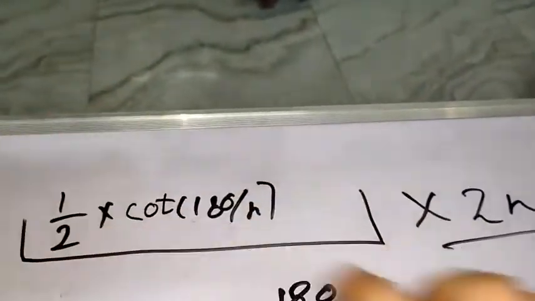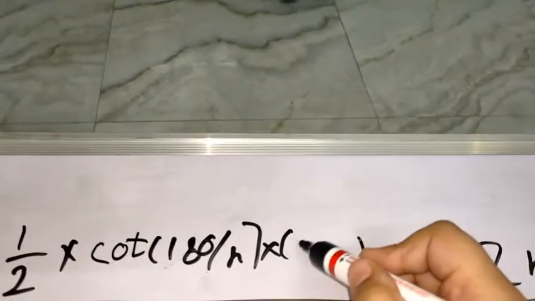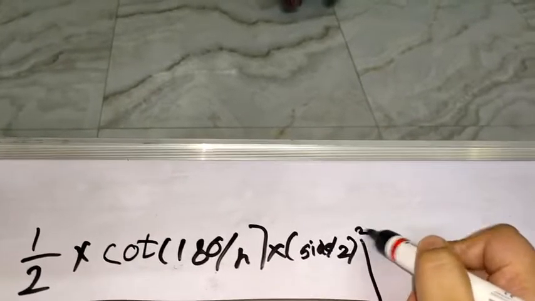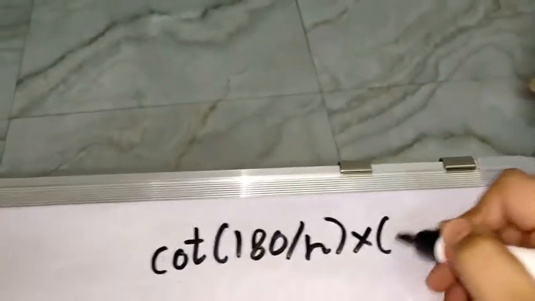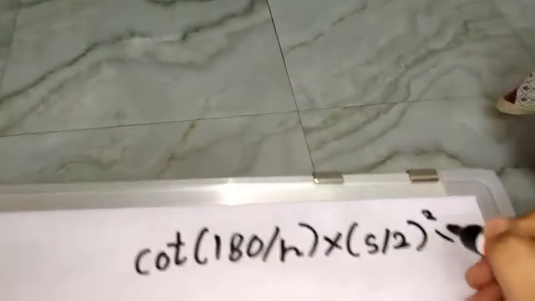So now it's cot of 180 divided by n into the p squared. Our p is side divided by 2 squared, right? So this half and this half get cancelled here. So our final formula is cot of 180 divided by n into side divided by 2 whole squared into n.